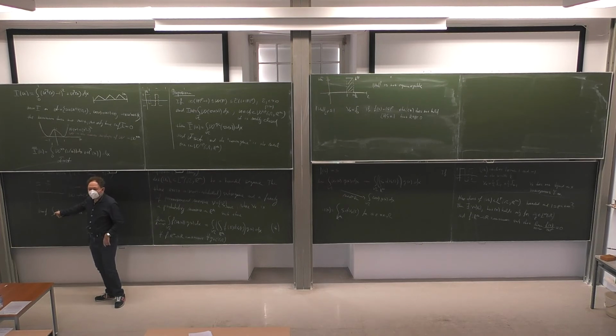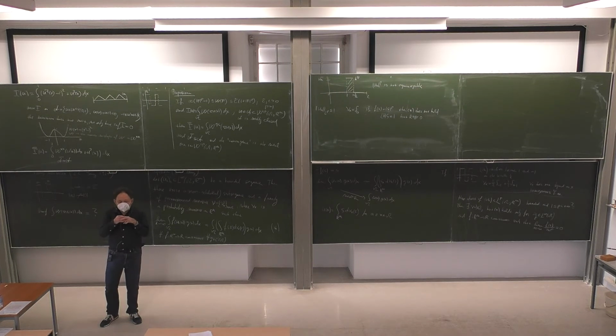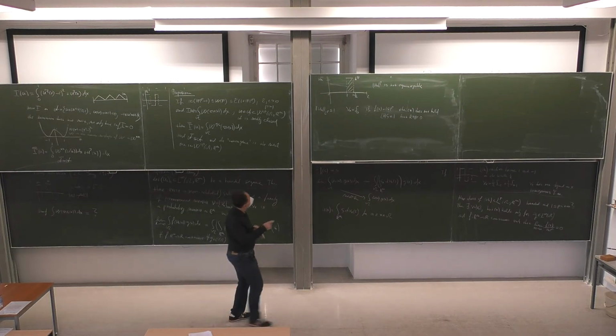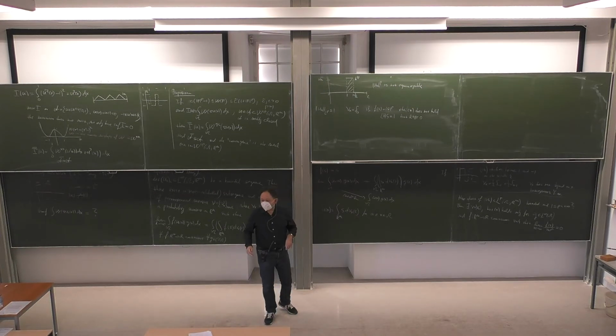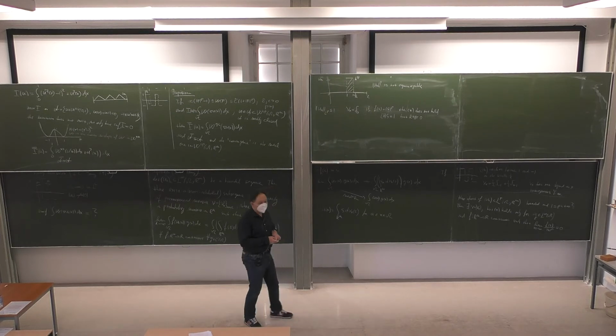So this is the typical situation where the growth is exactly as the bound on the gradients. And this example shows that we cannot do this, because then we can get something wrong.